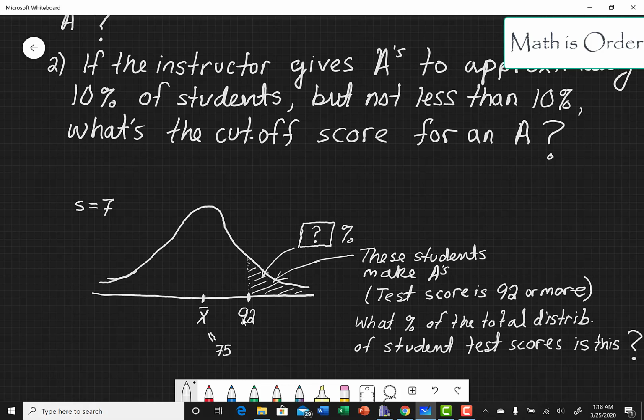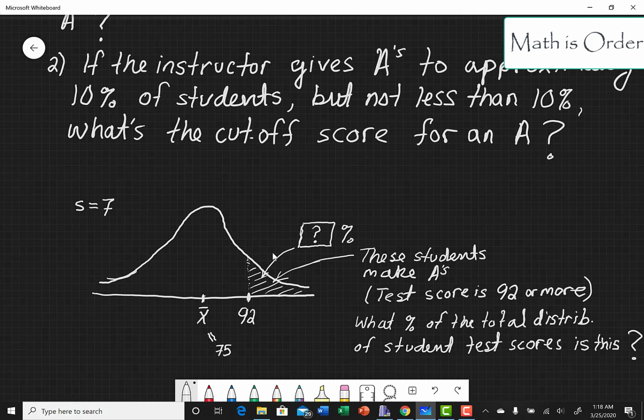They told us a score of 92 was the cutoff score for an A. The question is, what percent of this total distribution is this region to the right of 92?